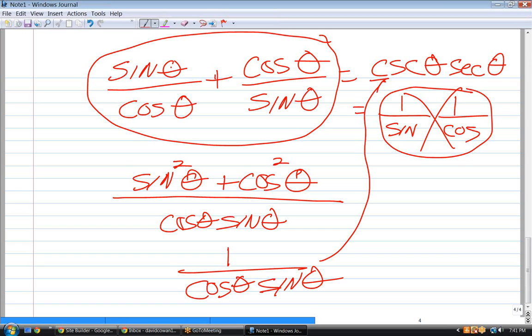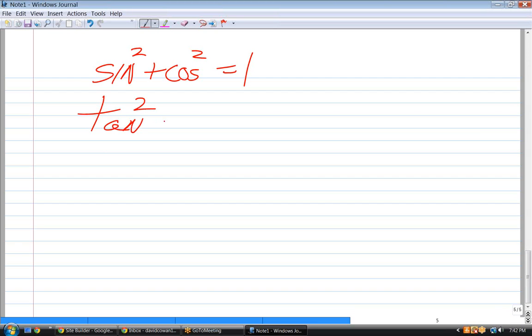Okay, so what is the second trig Pythagorean identity? There's the first one. The second one has to do with tangent squared plus 1 equals secant squared. Those are the only two you have to memorize, because the third one is the cofunction of both of these.